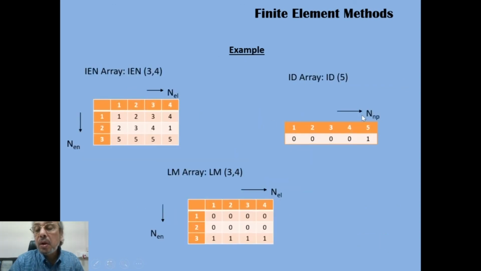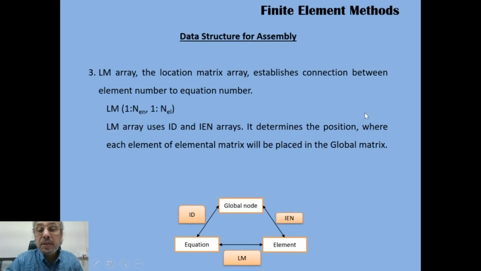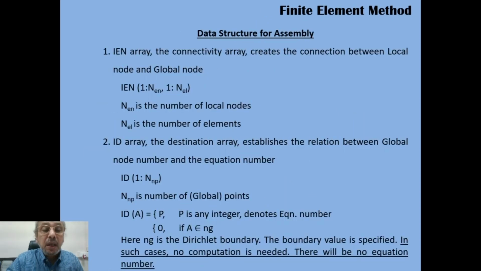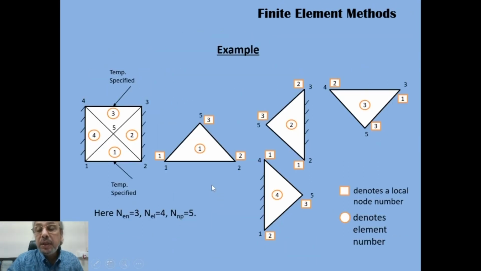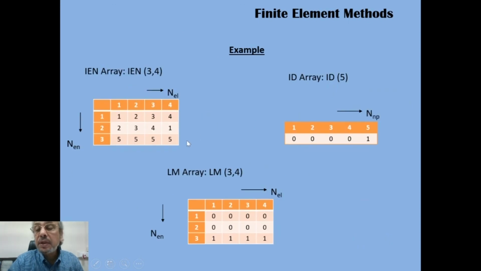Now, this is NP. I've done a mistake. NP is the global node points. NP is basically identification of, you read this again, because without looking into the previous slide I mentioned earlier, one may commit a mistake like I did.